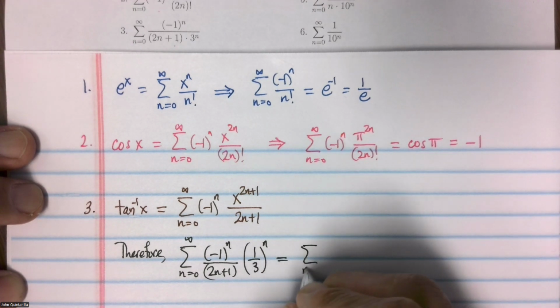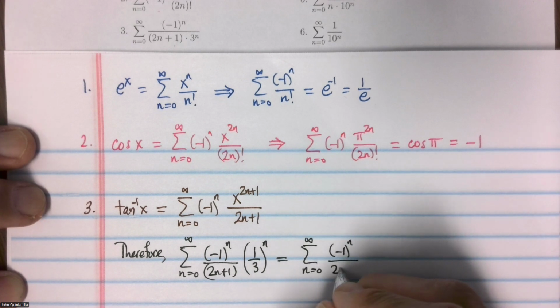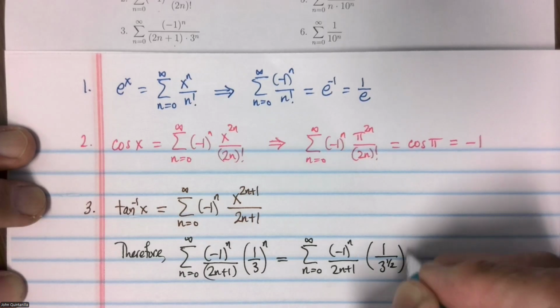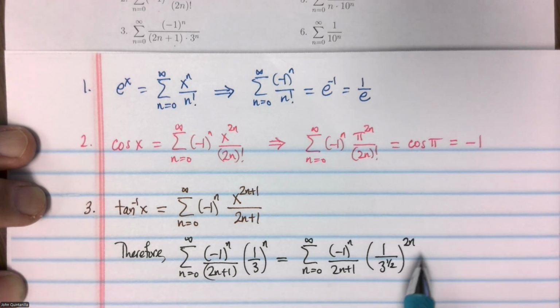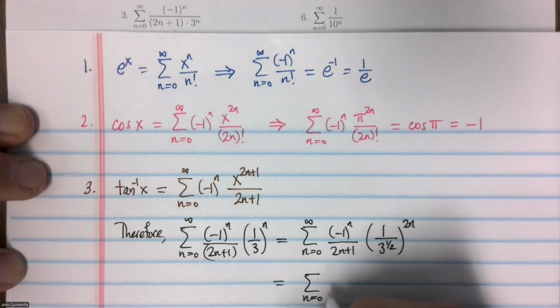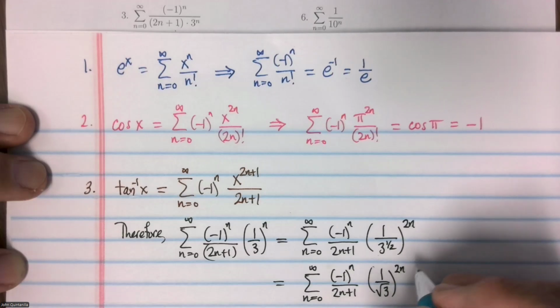So this is equal to the summation of (-1) to the n over 2n plus 1, if I write this as 1 over 3 to the 1/2, to the 2n, then 2n times 1/2 is going to be equal to n. And so the exponents match by the laws of exponents. So I've got the square root of 3 here times 2n. So that's equal to the summation of (-1) to the n over 2n plus 1 times 1 over the square root of 3 to the 2n.